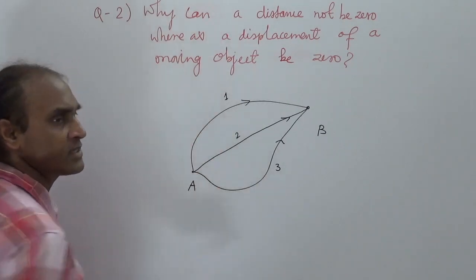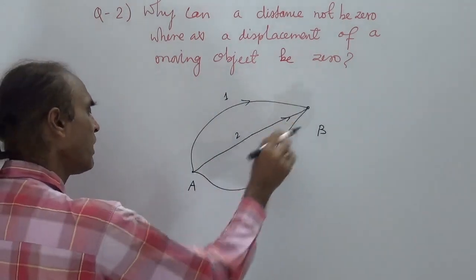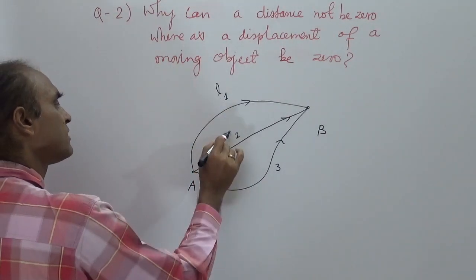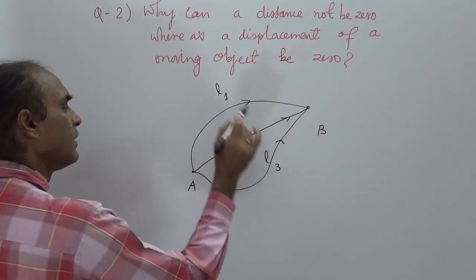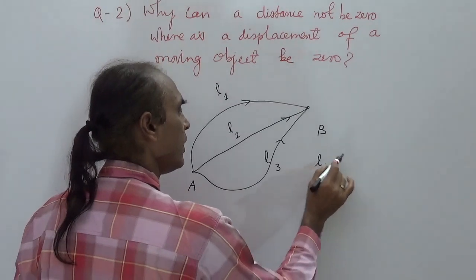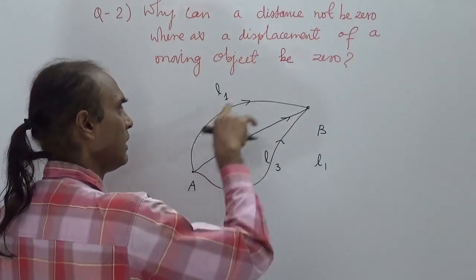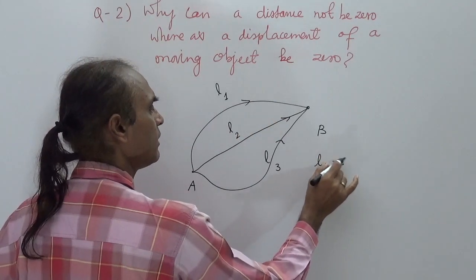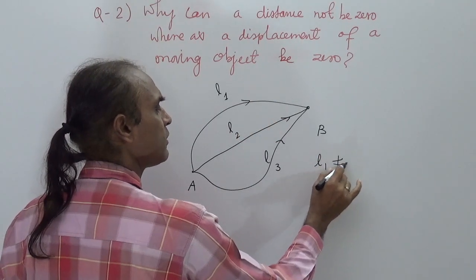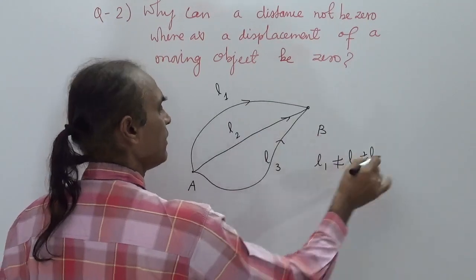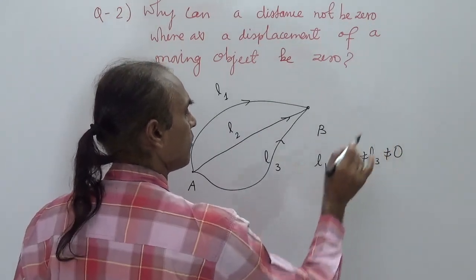These are the distances. When you are moving between 2 points, the length of the paths cannot be 0. It is quite clear. When the tip moves from A to B, the lengths cannot be 0. L1 is not equal to L2, is not equal to L3, and in general, is not equal to 0.